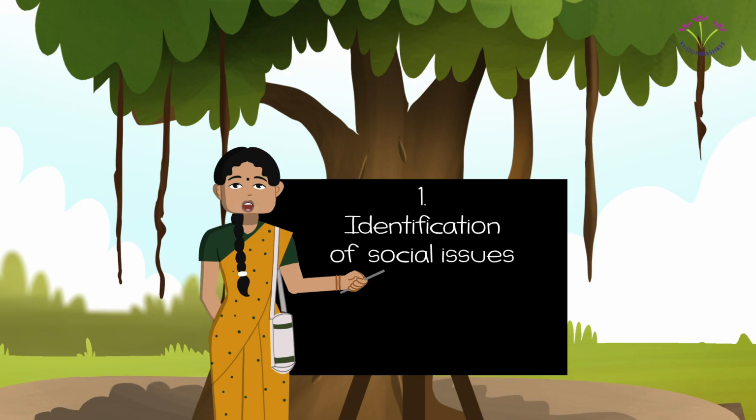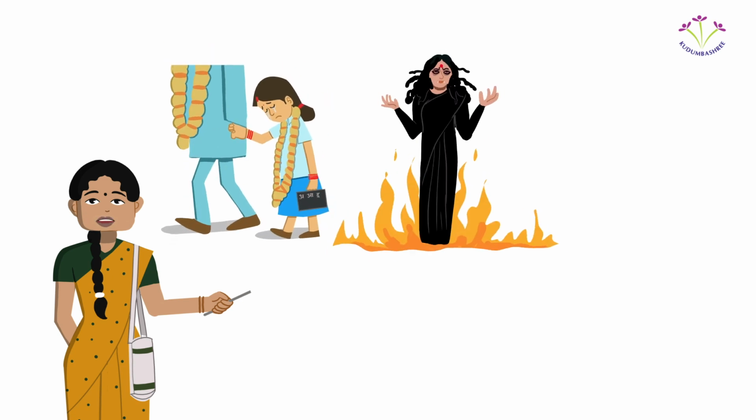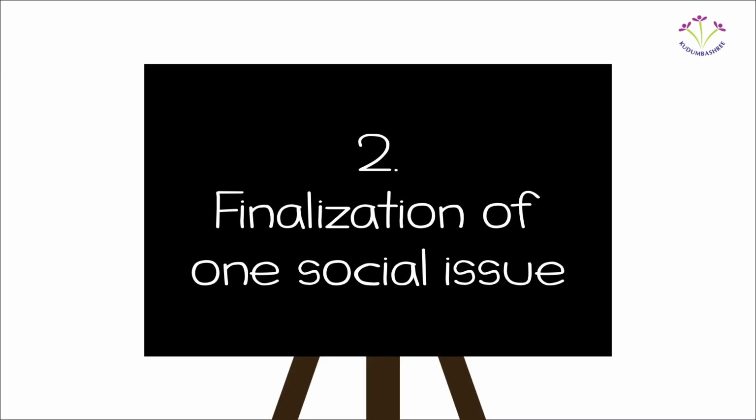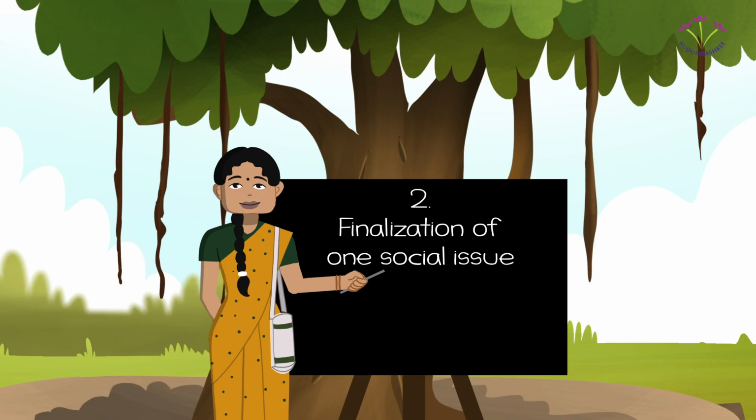The first step of preparing a social development plan is to identify the different social issues prevalent in the village. Let us suppose that in our village, the VIVO has identified 3 social issues of child marriage, witch hunting, and malnutrition. Once the VIVO members have identified them, they will have to finalize one social issue on which the social development plan will be prepared.